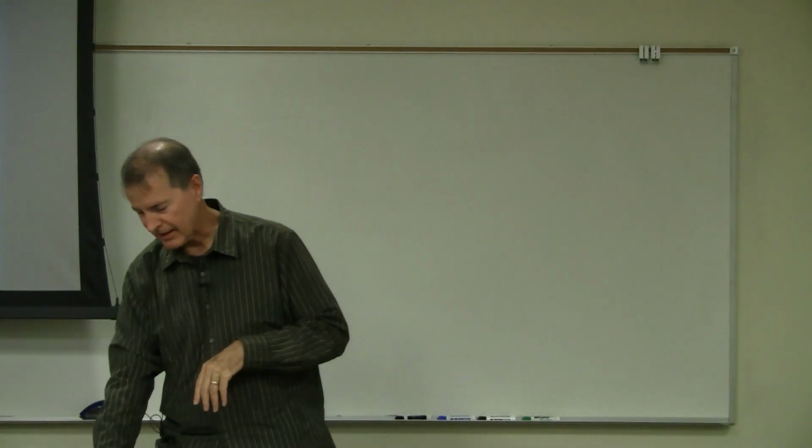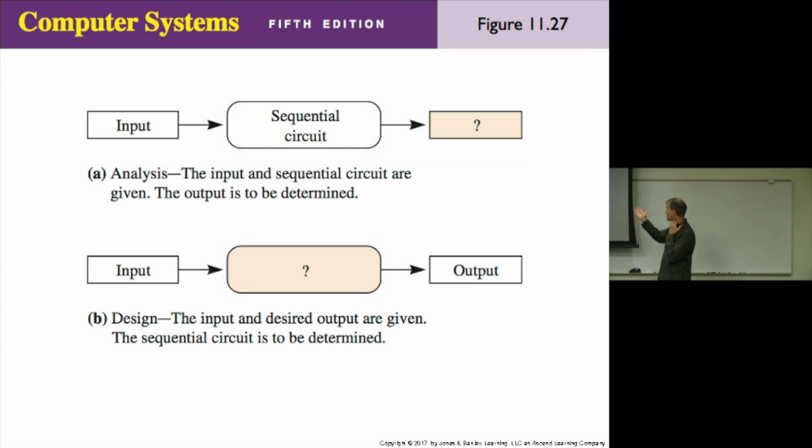So now, let's review what is analysis versus design. Let's take a look at figure 11.26 and recall, with analysis, what are we given? The function, the input, and the circuit, the sequential circuit.